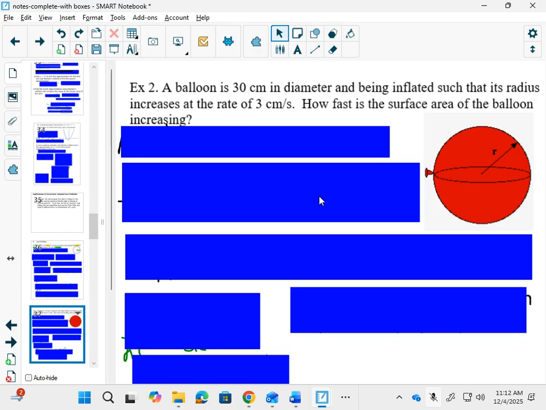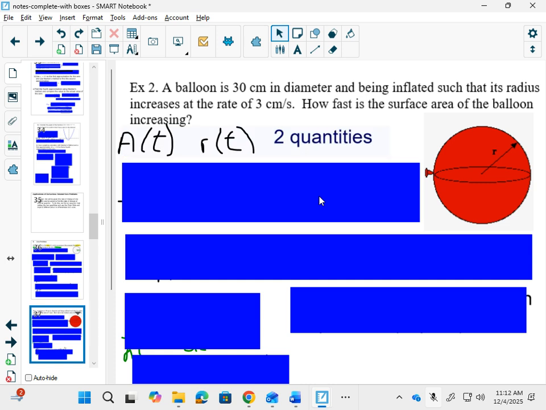We could probably create it in a couple units, don't worry. Calculus is pretty powerful. But right now we'll keep it nice and spherical and easy. And you're inflating it so that its radius is increasing at 3 centimeters per second. How fast is the surface area of the balloon increasing?